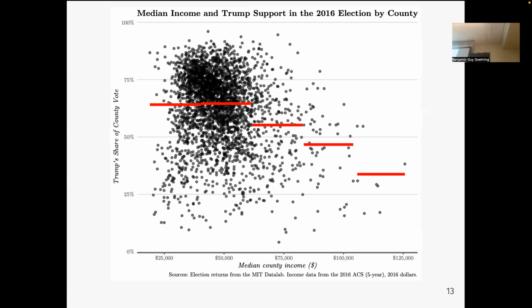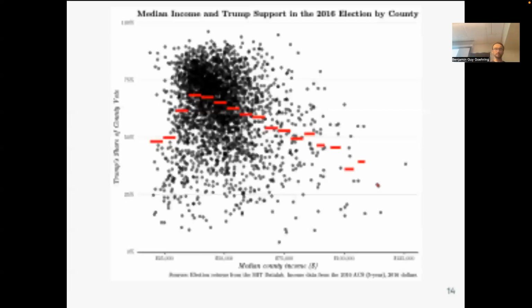Those counties are going to be pretty supportive of Donald Trump. So we're getting a more precise description of what's going on. We see that we have this decreasing trend where wealthier counties are going to be more supportive of Hillary Clinton, and less wealthy counties are going to be more supportive of Donald Trump, which is what we're after. We're after characterizing this relationship.